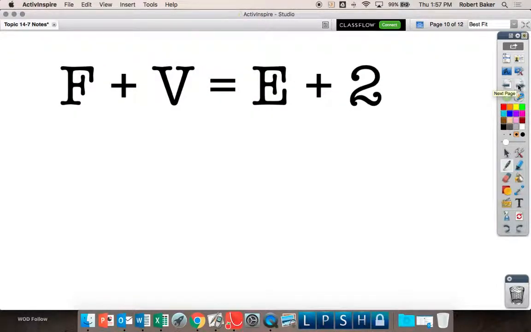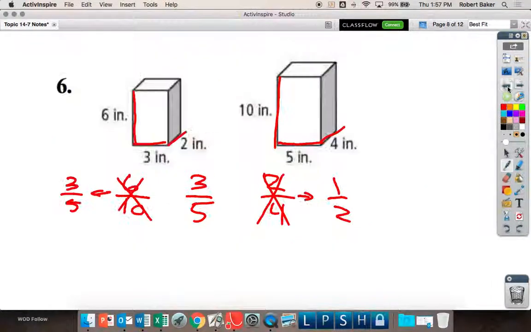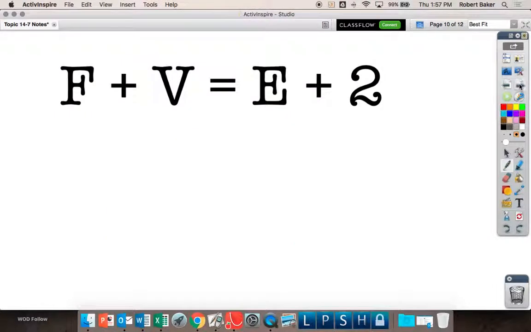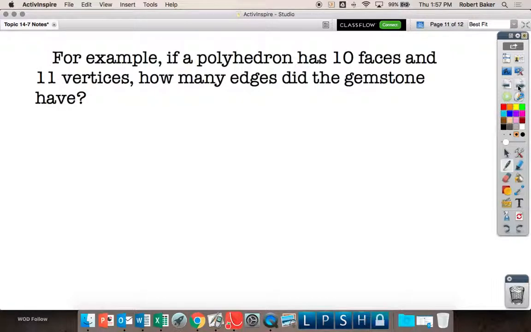Oh, guess what? There should be one more in there somewhere. Oh, that's it. Remember this guy? F plus V equals E plus 2. On your test, it's going to give you a sentence like this, and it's going to ask you to solve the equation. It says you have 10 faces. Where does that go? F. 11 vertices.